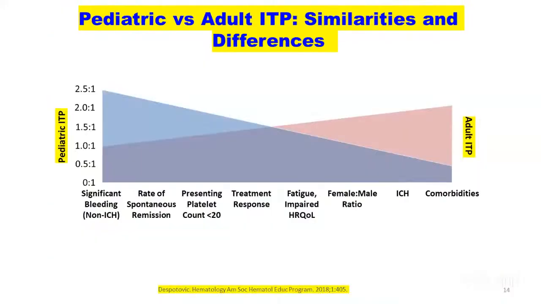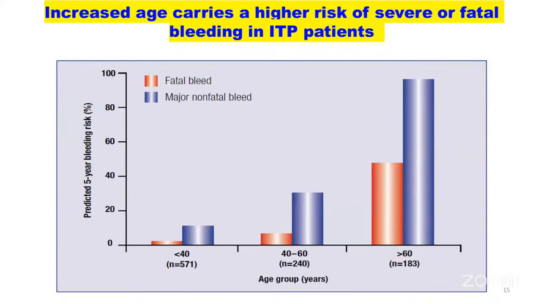Now, pediatric versus adult ITP: significant bleeding, comorbidities and male-female ratios are different. As the age advances, the non-fatal major bleeds are more compared to the fatal bleeds, but overall the bleeding is more than in younger subjects.